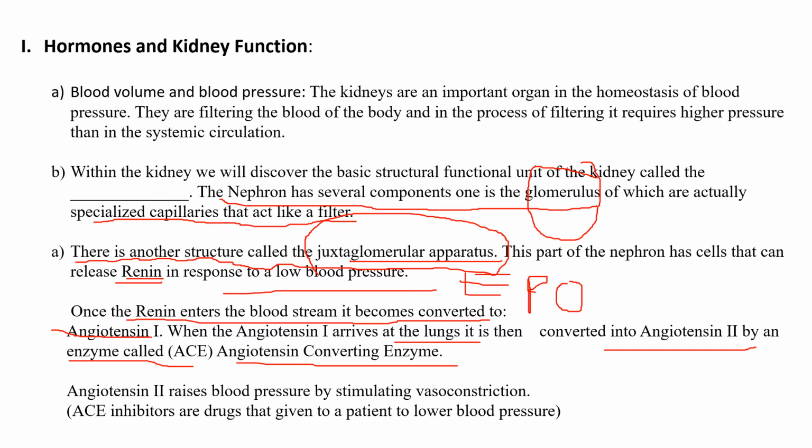So renin is produced by those juxtaglomerular cells, but those juxtaglomerular cells are also monitoring the pressure. Prior to releasing the renin or any other hormone, they can stimulate and cause muscles to constrict. Angiotensin 2 can further raise blood pressure by stimulating vasoconstriction throughout your entire body.